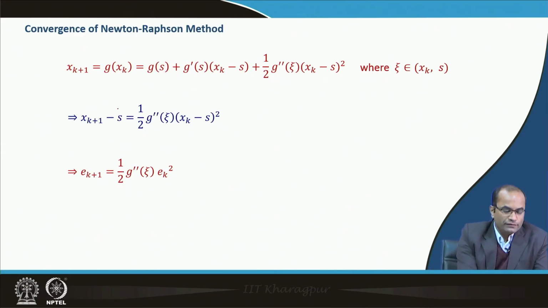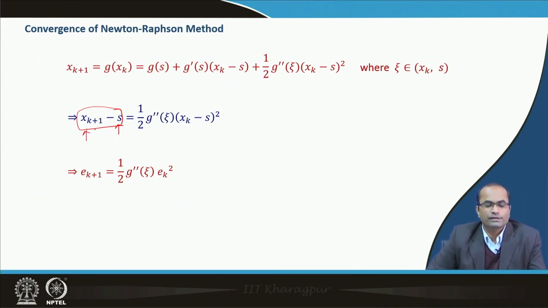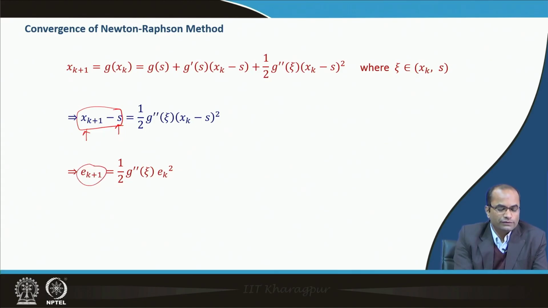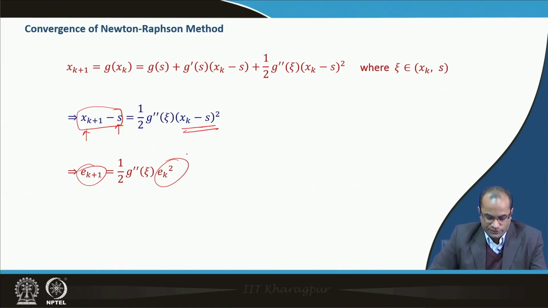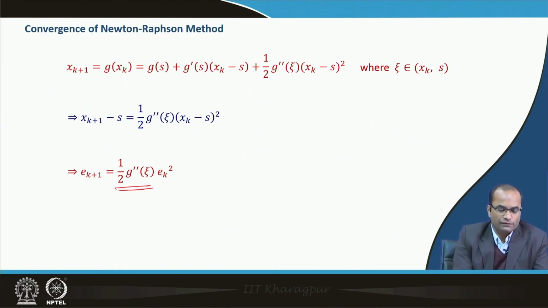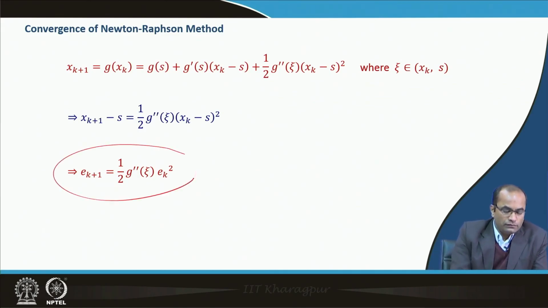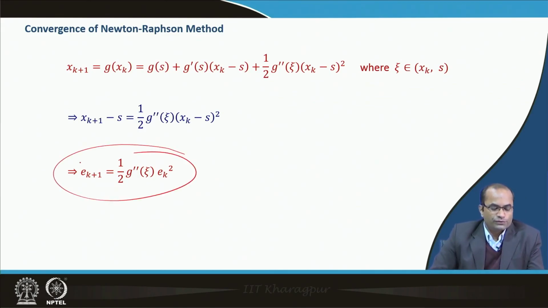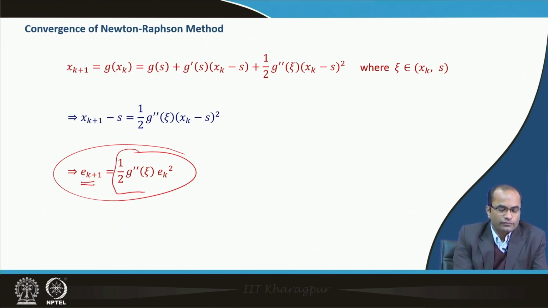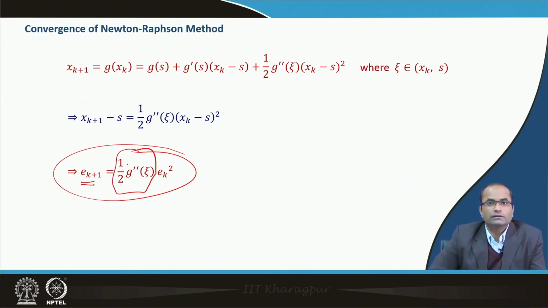Or in terms of the error, we can write down. So, this is the error, because s is the actual value of the root, and x k denotes the approximate value. So, here we have e k plus 1, and on the right hand side we have e k whole square, and then we have here half g double prime xi. So, having this relation, what we can observe now is that the error at k plus 1th step is equal to this value g double prime at some point xi and e k square.